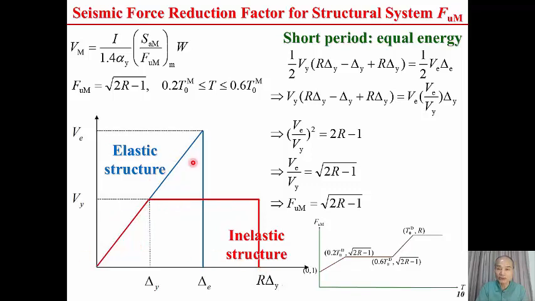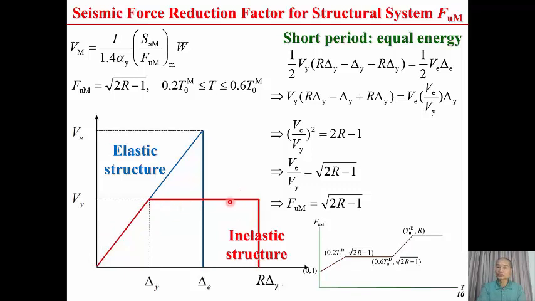The elastic structure is a triangle. Therefore, the area of the elastic structure equals half times VE times delta E. This is the area of the triangle. This is the energy of the elastic structure. The energy of the inelastic structure is the area under the red line.